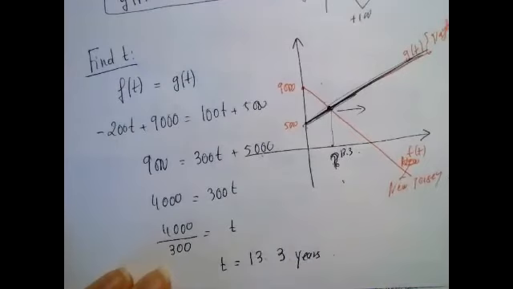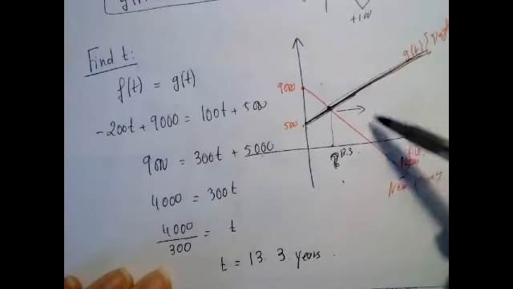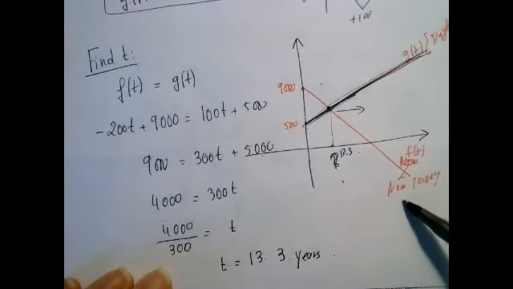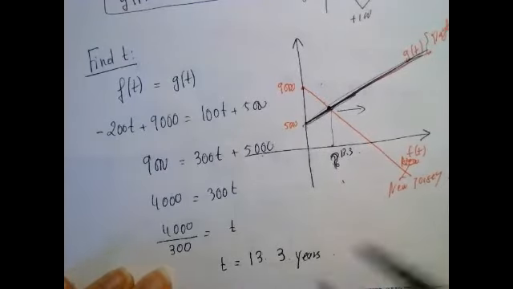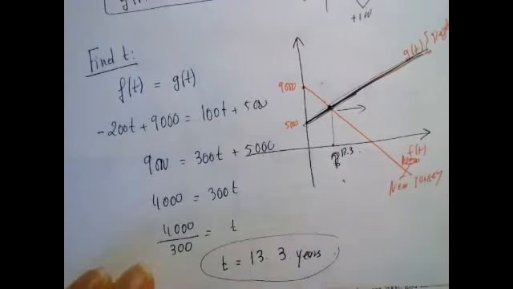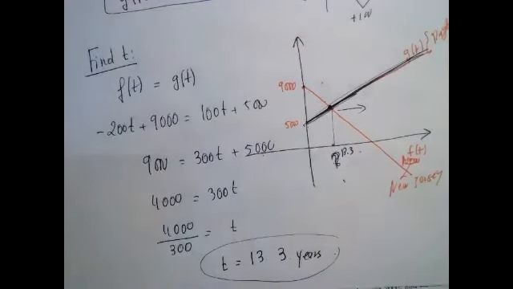So the population in Maryland will become greater than the population in New Jersey after 13.3 years. End of the problem. So that's the idea of the intersection that we talked about last time, but that's a problem that tells you when we need to work with that.